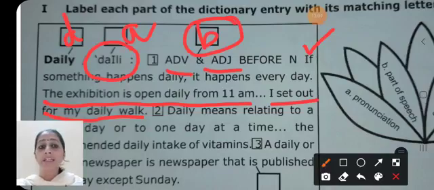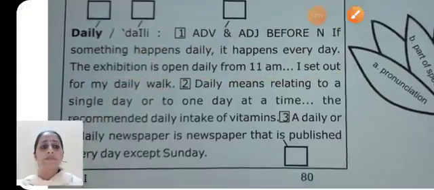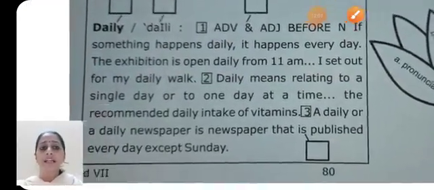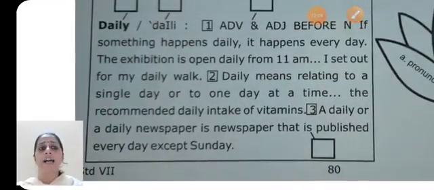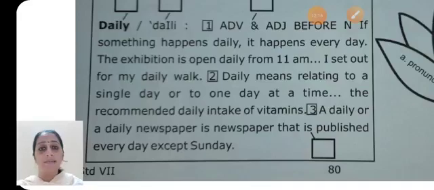Second meaning. Daily means relating to a single day or to one day at a time. The recommended daily intake of vitamins. The third meaning. A daily or daily newspaper is a newspaper that is published every day except Sunday. Clear, students?